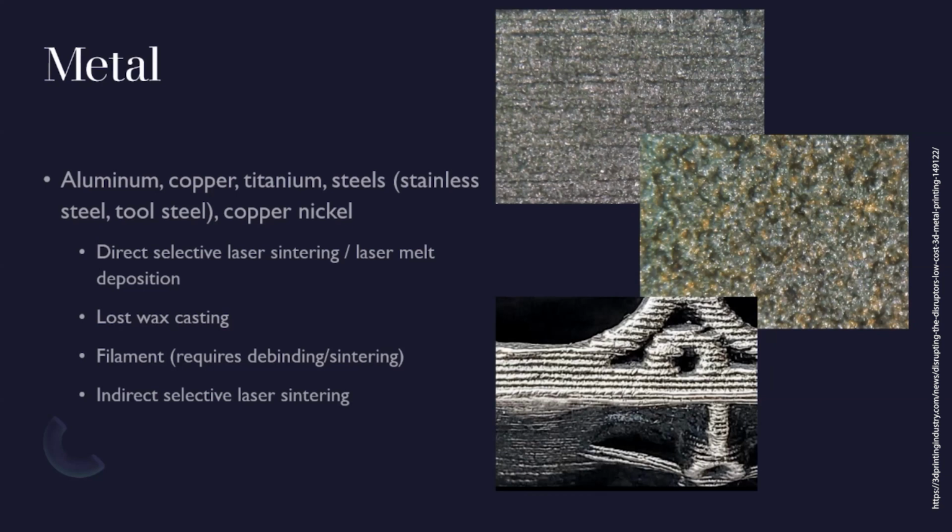Another method is SLS, which uses metal powder where metal particles are individually coated with a polymer. When exposed to the laser, the polymer melts and adheres neighboring metal grains together to make the 3D object. In this method, subsequent debinding and infiltration of another material is needed to complete the object.